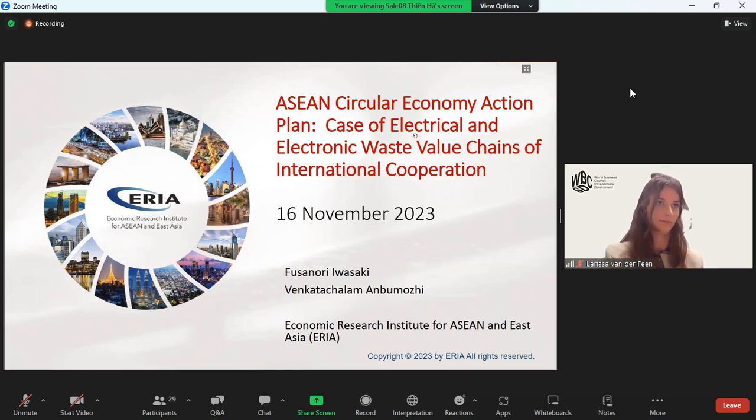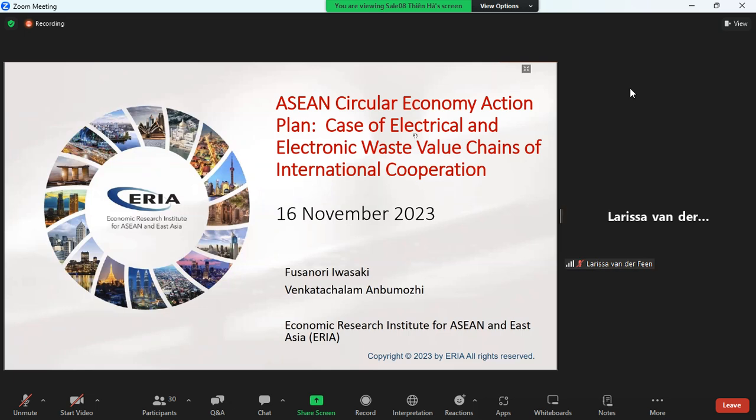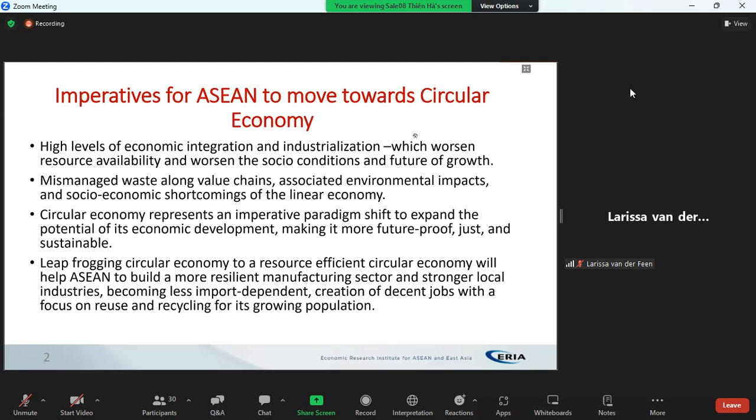This part is the ERIA's research result. So the presentation will be by my name and also my colleague Venkatachalam Anbumozhi, who is in charge of the project of developing the frameworks of the ASEAN Circular Economy Forum on the ASEAN Economic Community.